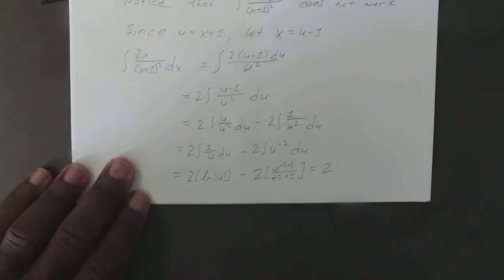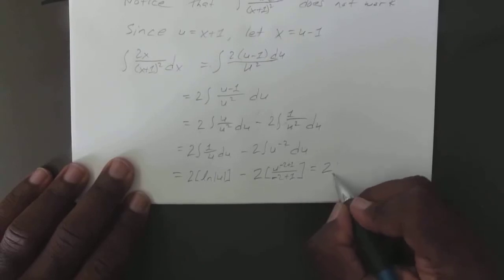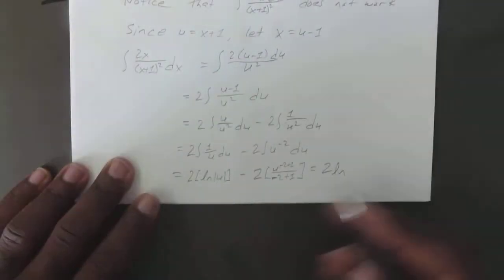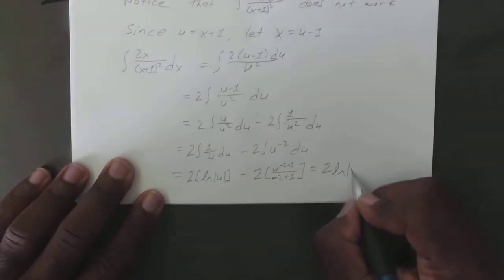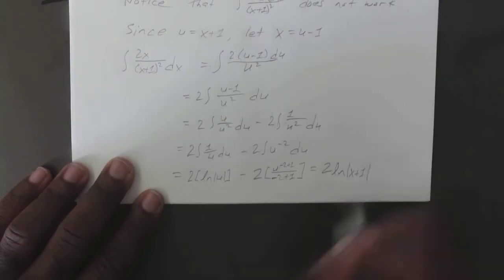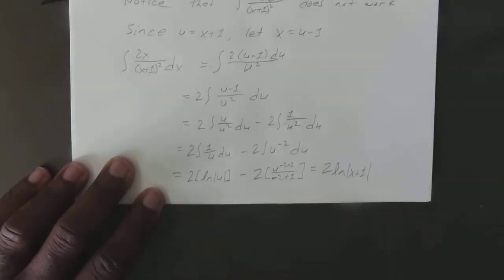Okay, so that actually will give us 2 times the natural log of u, which is x plus 1.